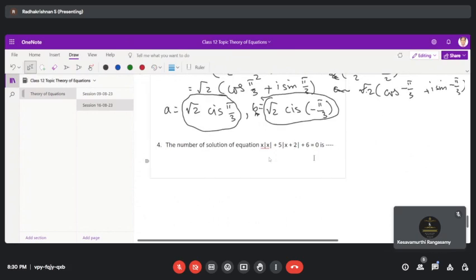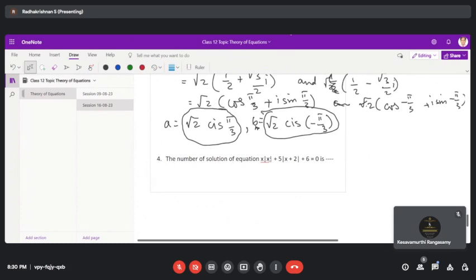So by taking suitable ranges for x, we should assign the appropriate plus or minus values to the expressions given here. Okay, and in the different ranges we can solve this equation and see totally how many solutions are there. So I want you to continue from here and solve this problem also as your homework exercise. Okay.